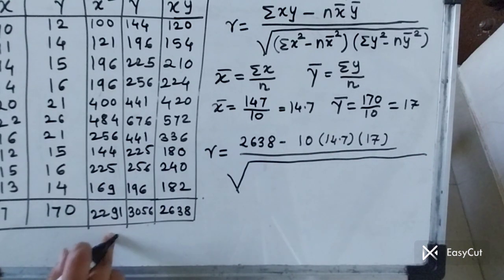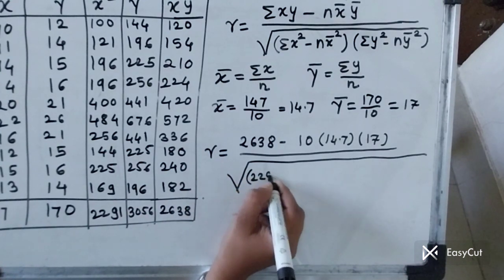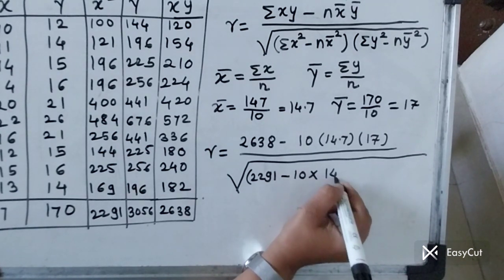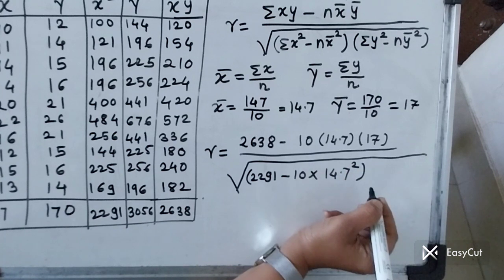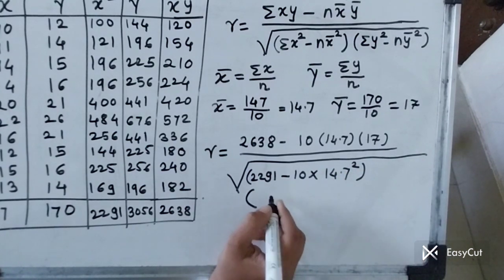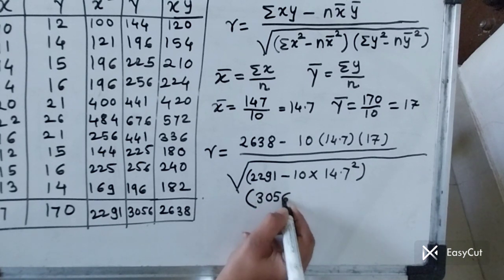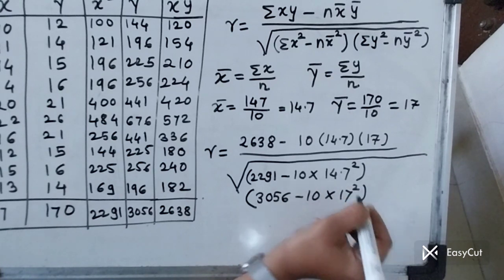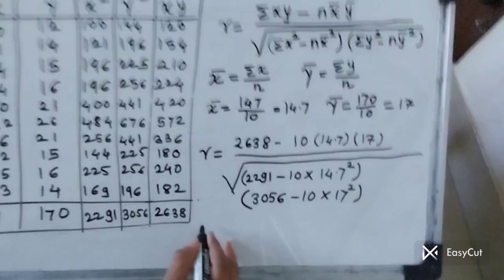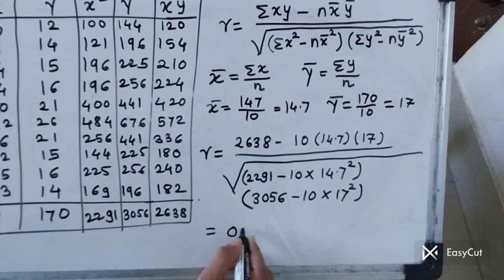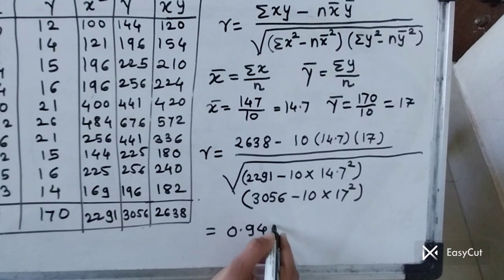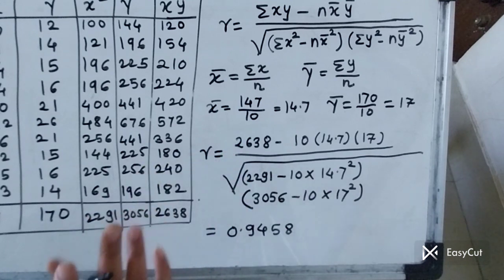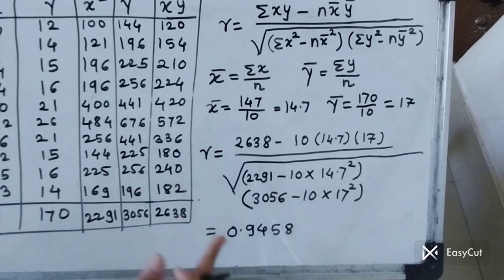Summation x square is this 2291 minus 10 into 14.7 square, into, I write here, 3056 minus 10 into 17 square. See, put all values in the calculator and find out. So it is 0.9458. Okay, this is only subtraction, addition, multiplication and division. Do it properly and find out the answer.